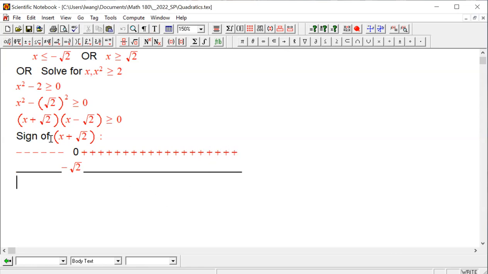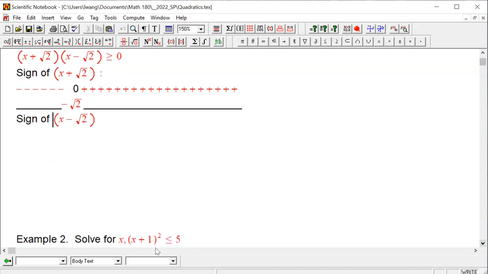And for the sign of x minus root 2, you have a number line again, and you will have root 2 right here.